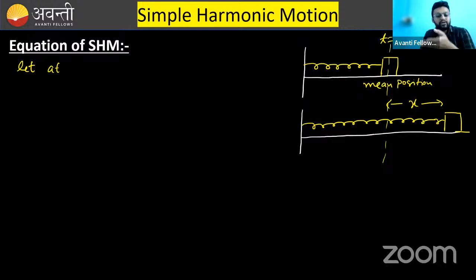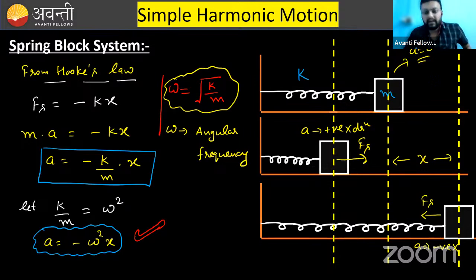In general, when you start seeing the motion, it might be at some other position. For example, if I stretch this spring attached to the wall, this block will start moving like that, like that. This is the SHM motion, simple harmonic motion.